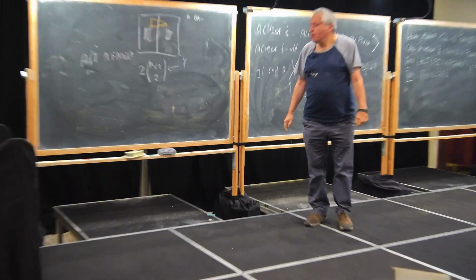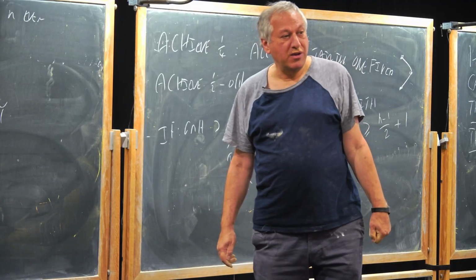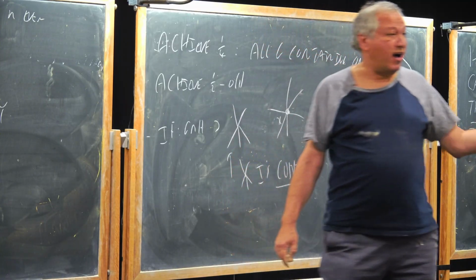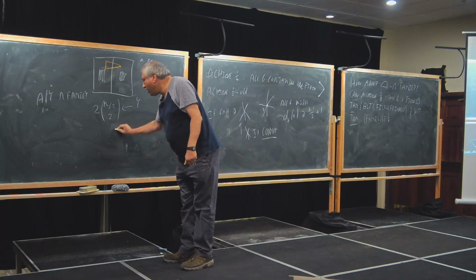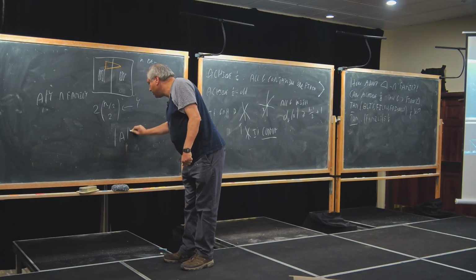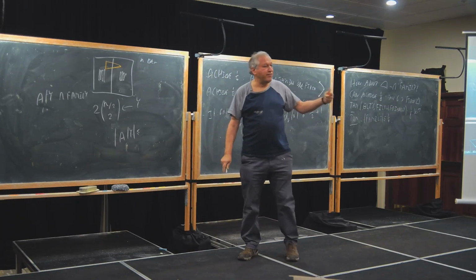Okay. Now, what do we know about intersecting families? Well, we know the answer is half. Agreed? So the size of A restricted to y is at most a half of the whole thing, right?